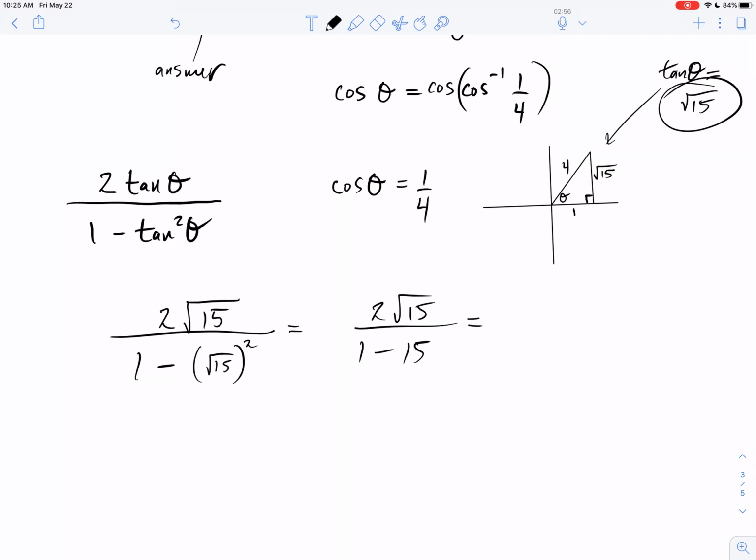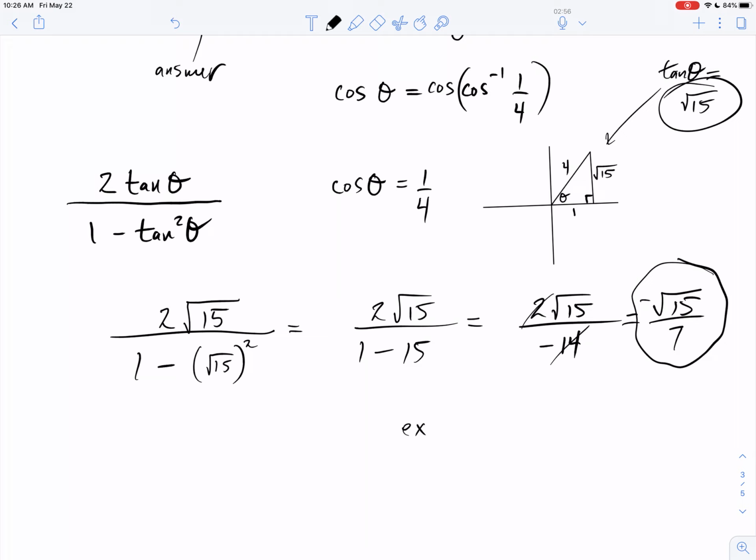So what do I have? I have 2 rad 15 over 1 minus 15, that's negative 14. I can reduce, and my answer turns out to be rad 15 over 7, but it's negative. And if you look in the back of the book, that is the exact value answer you would see.